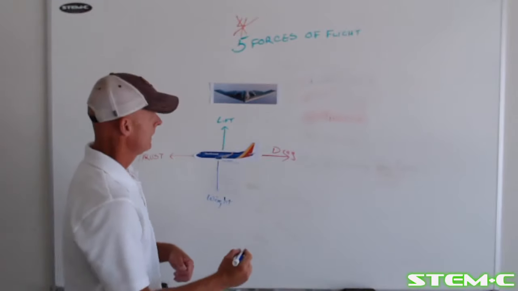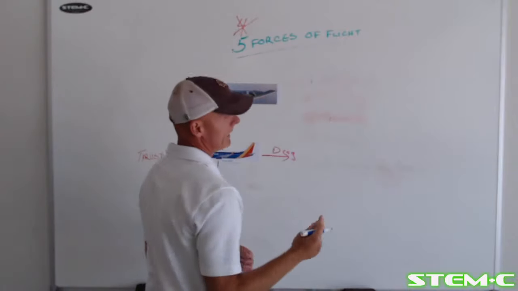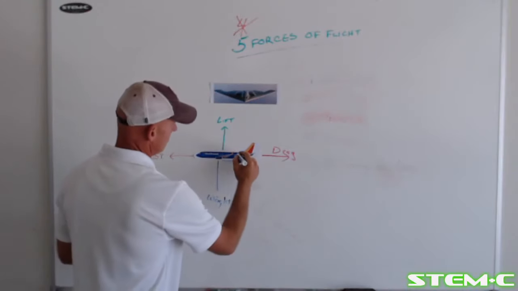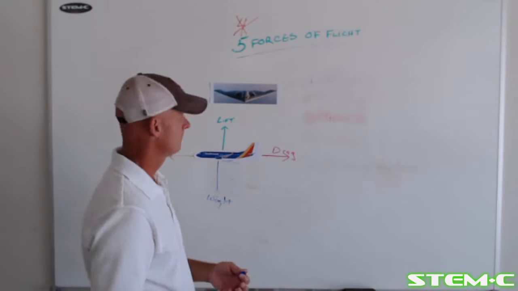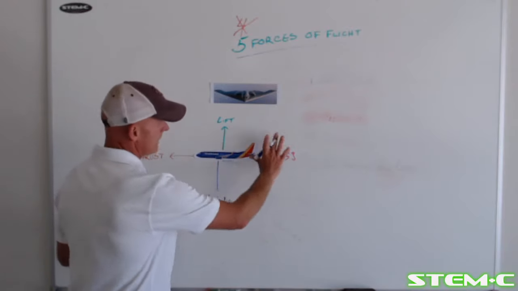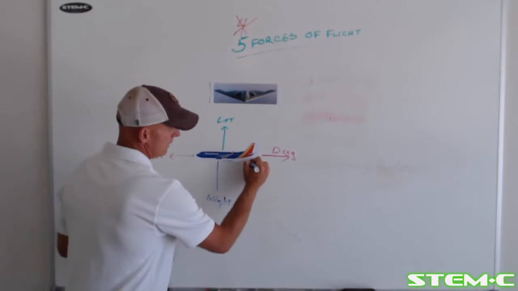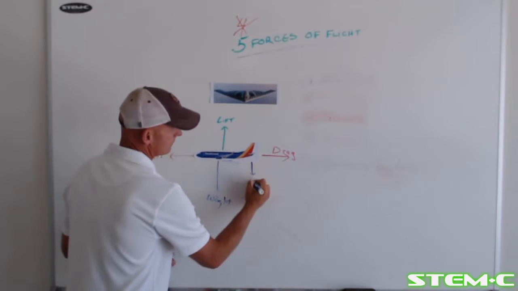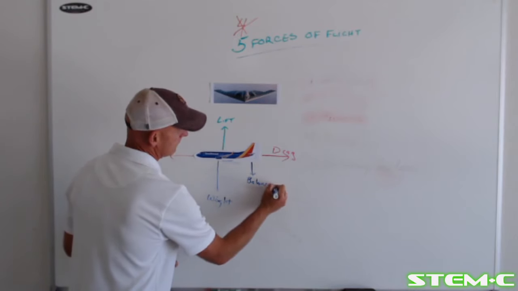Now, the reason why I say there's 5 forces of flight and not just 4 is lift is a product of the wings to offset our weight. This airplane right here, as it's drawn, will not fly. It's inherently unstable. We need a counteracting force, and that counteracting force is what's called the balancing tail load.